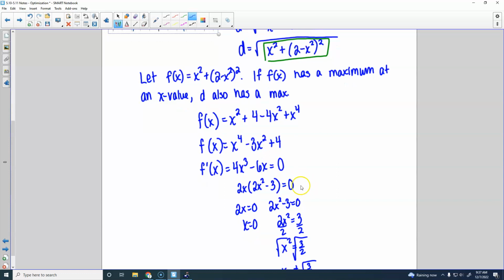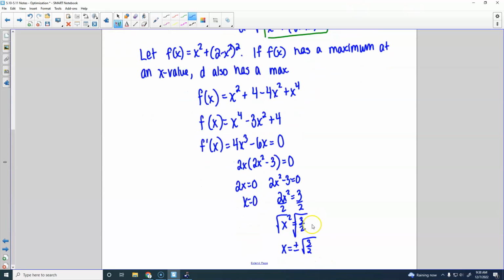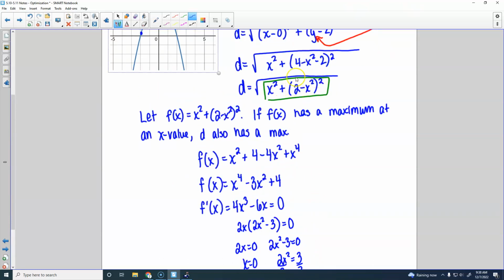Because if we have a maximum at square root of 3 over 2, that means that's the biggest this number on the inside is ever going to be, right? And so the square root of that is also the biggest it's ever going to be. So it's not necessarily that the y values are going to be the same, but the x values will be the same where those occur.